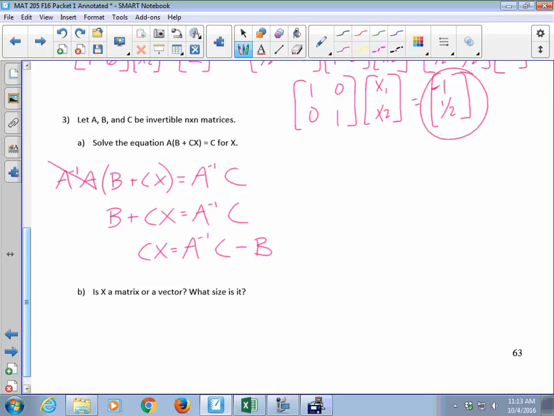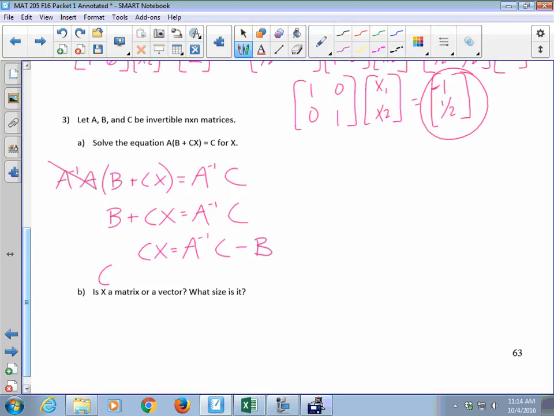And then how do I undo multiplication by C? Multiply by the inverse of C. And you have to do it on the left because the C inverse has to touch C. You can't rearrange the order. So you have to put the C inverse specifically next to the C. So I'm going to multiply both sides of this equation on the left by C inverse.